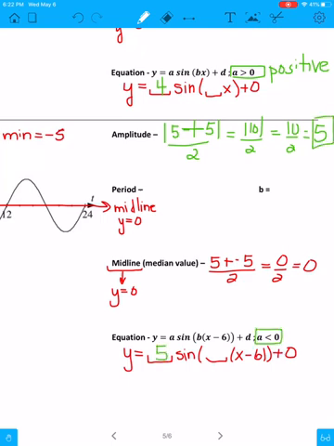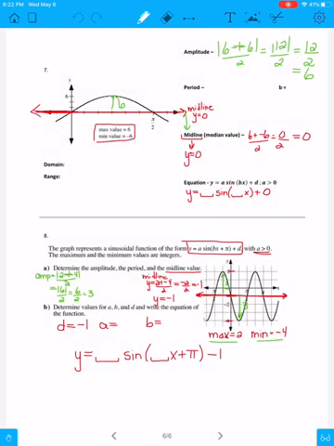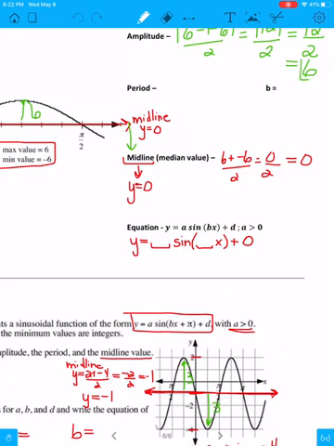But A is less than 0. So A is negative. So I'm actually going to get negative 5. Flip to the next question. I have amplitude is 6, so my A is 6. Then I look back here. A is greater than 0, so it's positive. So it's going to be just a plus 6.